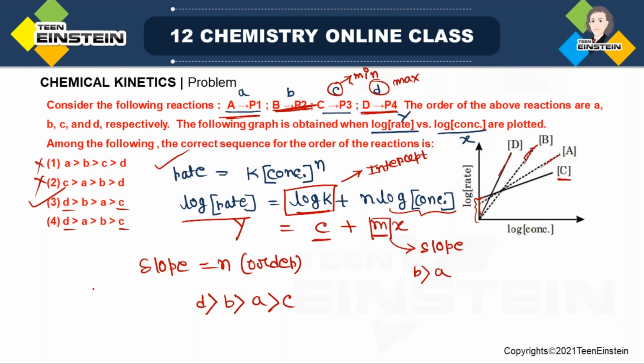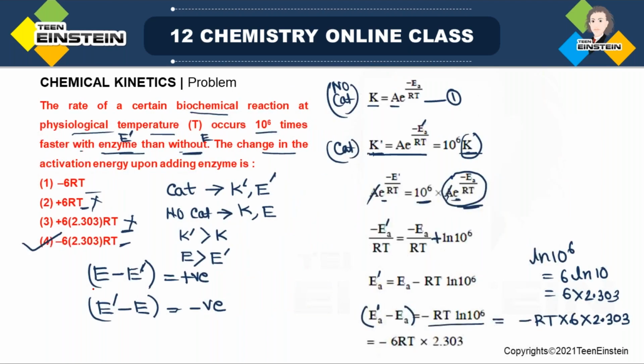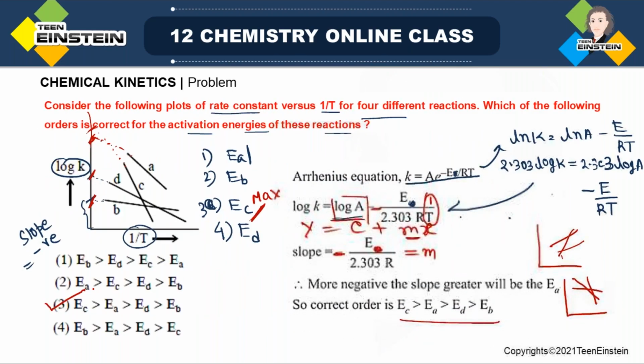In both cases, it matches the equation type y equals mx plus c. But in this problem it is a positive slope, and in the problem that we just discussed, it is a negative slope. So I hope the difference between positive slope and negative slope is clear. Any doubt? No, ma'am.